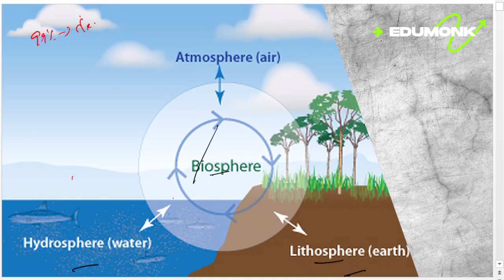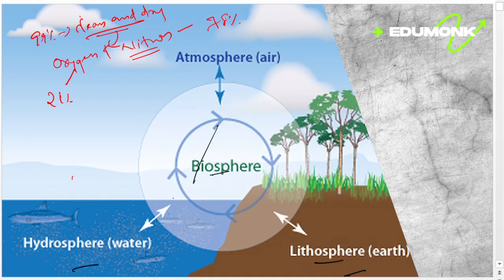The percentage of oxygen is around 21% and nitrogen is around 78%. Other gases like carbon dioxide, argon, and other kinds of gases are just 1% only. Then we can move to the hydrosphere.